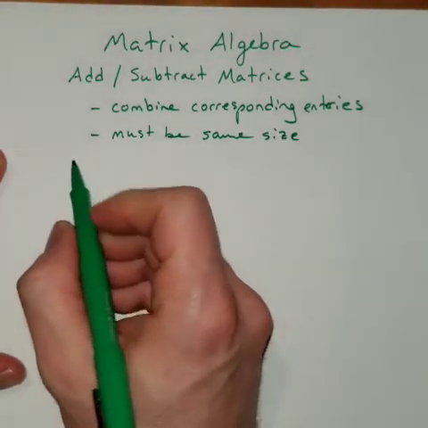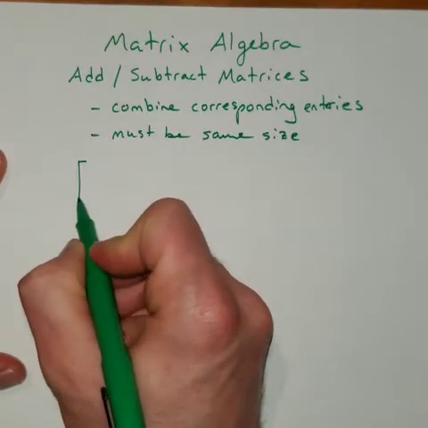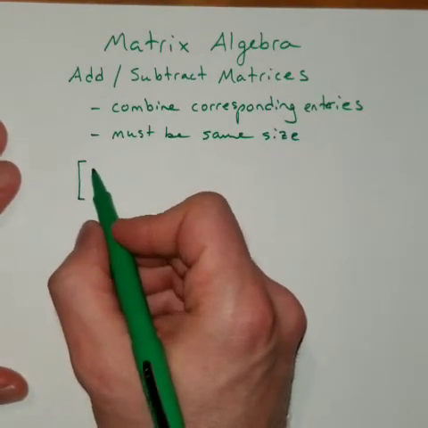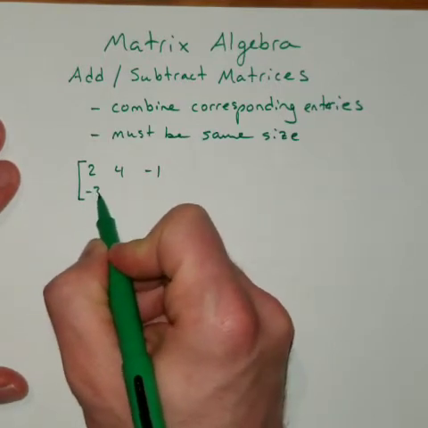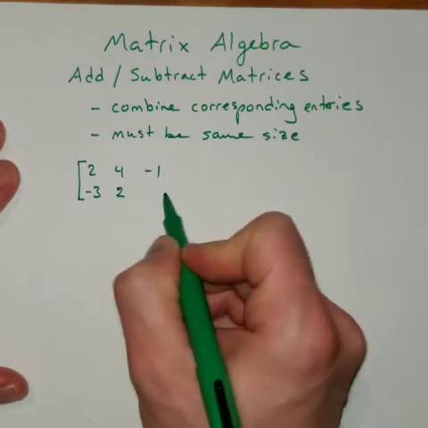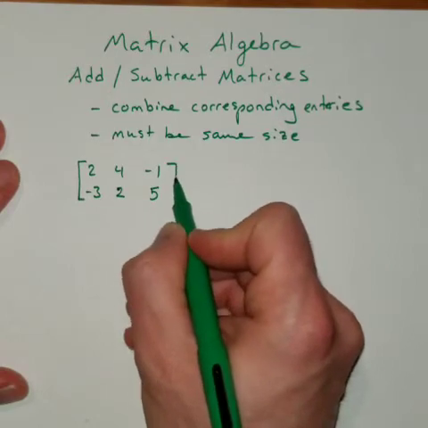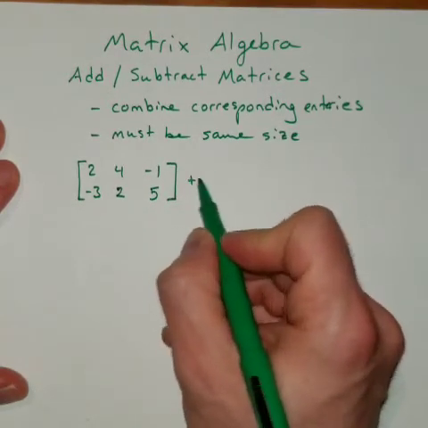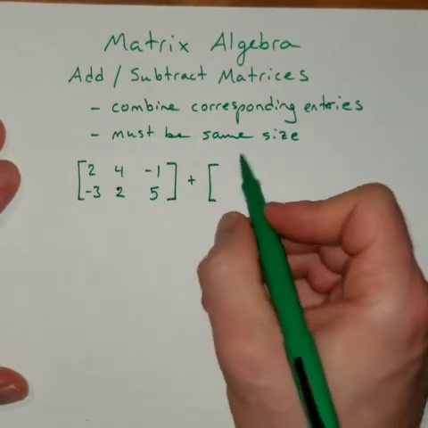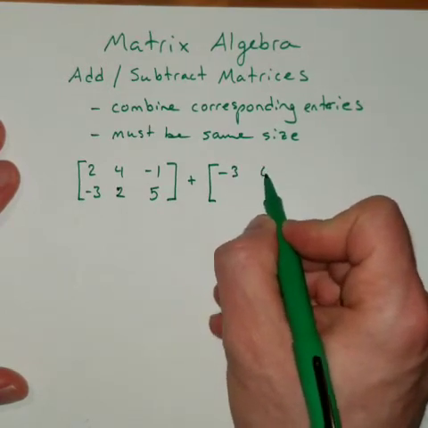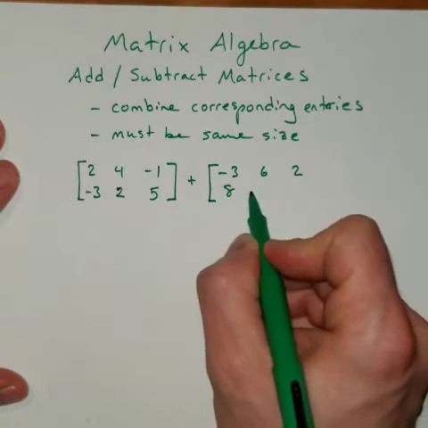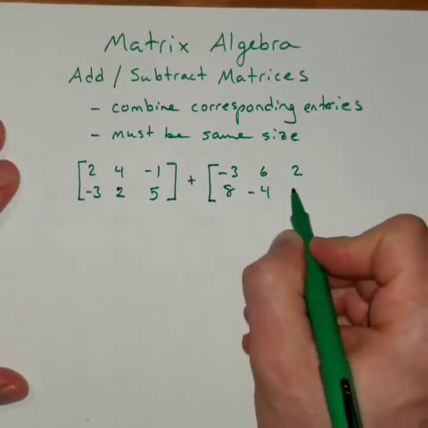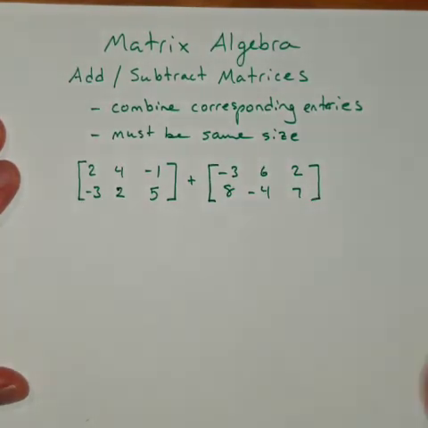So let's just say I wanted to add two matrices. Let's make them 2 by 3s. There's a 2 by 3, and let's say I wanted to add another 2 by 3 to it. Alright, so there I've got two 2 by 3 matrices.